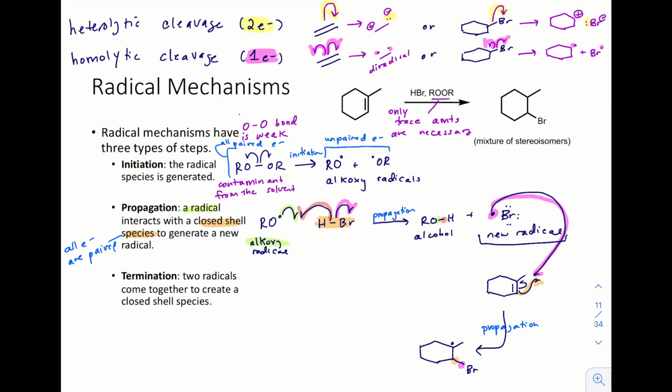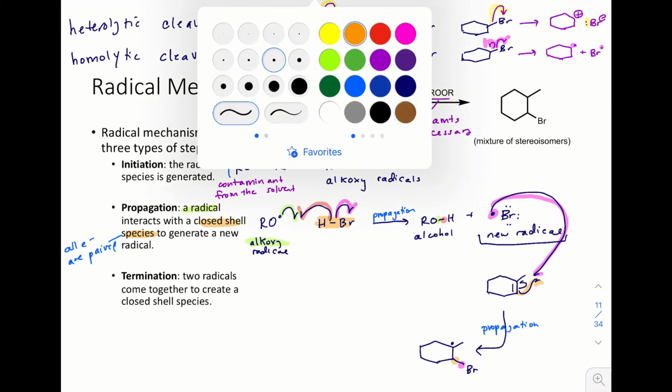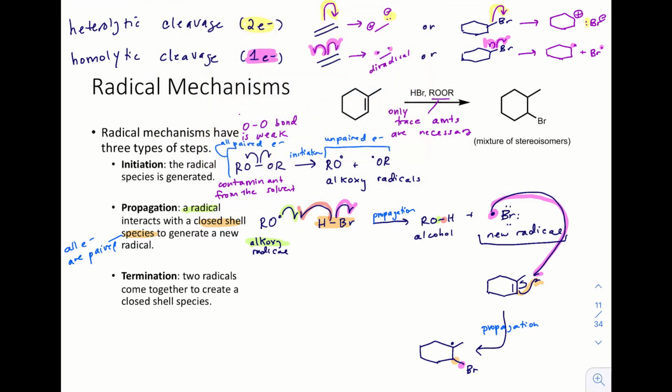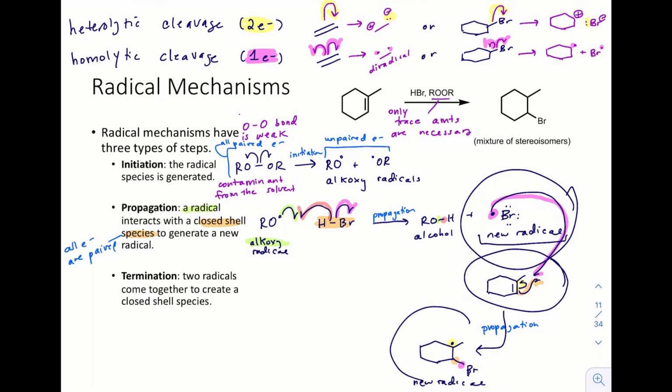You can see the pi bond has been homolytically cleaved. The other electron from the pi bond is now localized on that carbon, and there's a new radical formed. So a radical and a closed shell species forms a new radical, which is in fact an example of another propagation reaction.